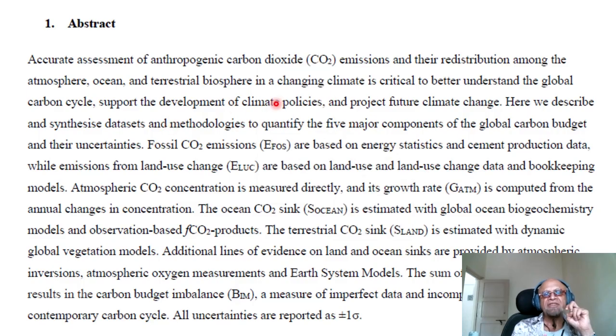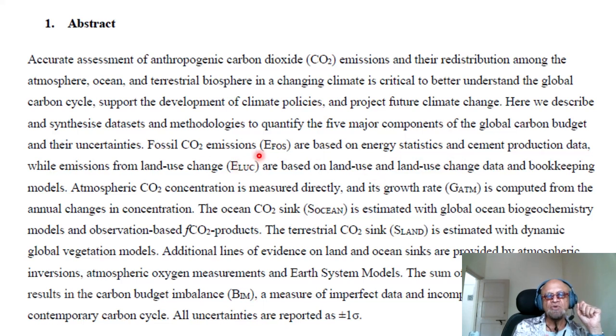Accurate assessment of anthropogenic carbon dioxide emissions and their redistribution among the atmosphere, ocean, and terrestrial biosphere in a changing climate is critical to better understand the global carbon cycle, support the development of climate policies, and project future climate change. Here we describe and synthesize datasets and methodologies to quantify the 5 major components of the global carbon budget and their uncertainties.